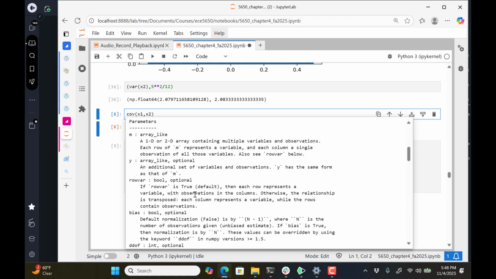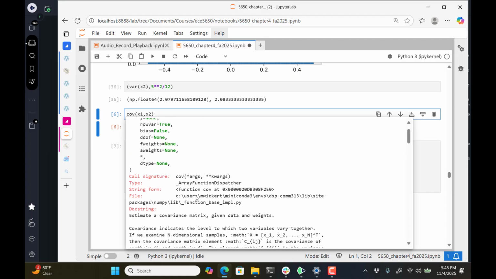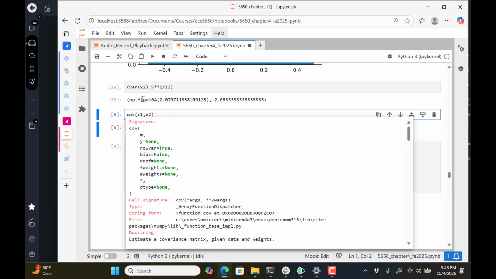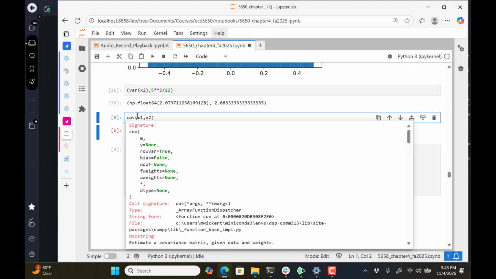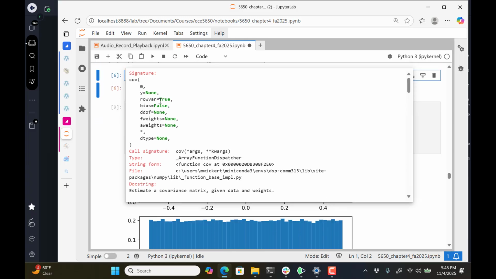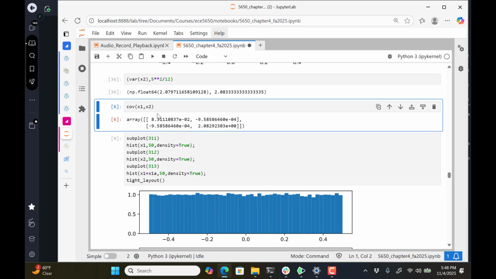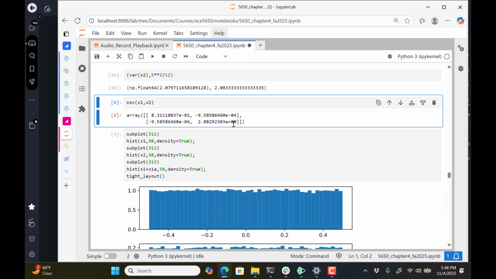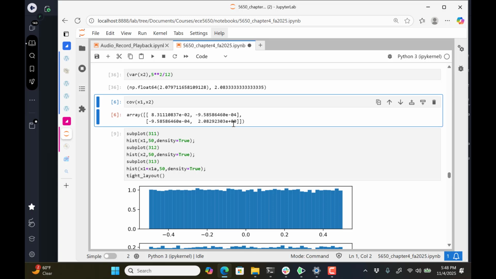It's going to give a 2x2 matrix, such that the first element is the variance of x1. The second column will be the cross correlation between x1 and x2. The next row will be the cross correlation in the opposite direction. And finally, the fourth element will be the correlation of x2 with itself.